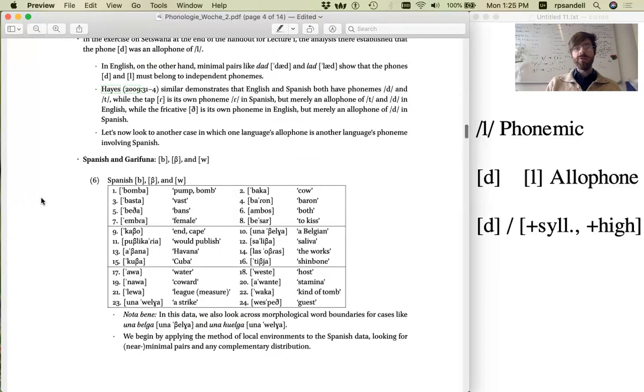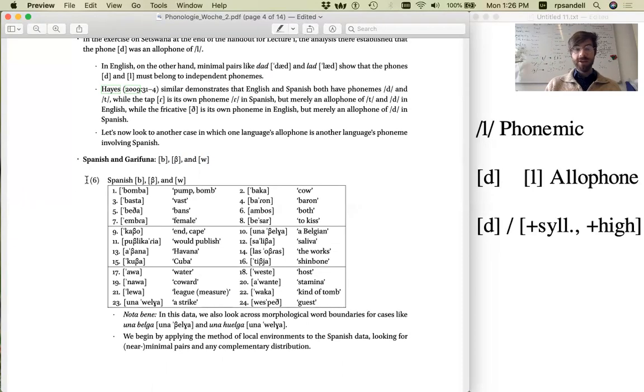We're going to start with some Spanish data. In both Spanish and the Garifuna data, we're going to be looking at the same set of phones, a bilabial stop, ba, the corresponding voiced bilabial fricative, va, and the labiovelar glide, wa. We'll start by conducting a little bit of a phonemic analysis with these phones in Spanish.